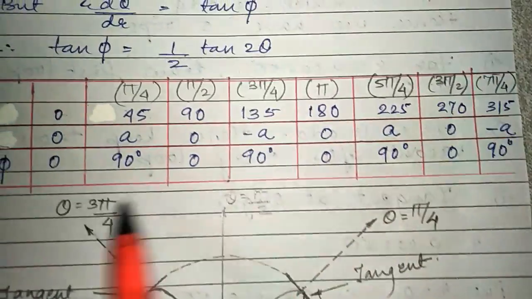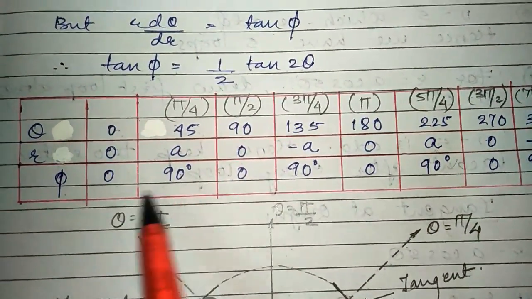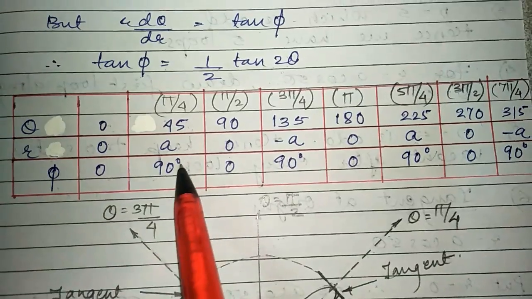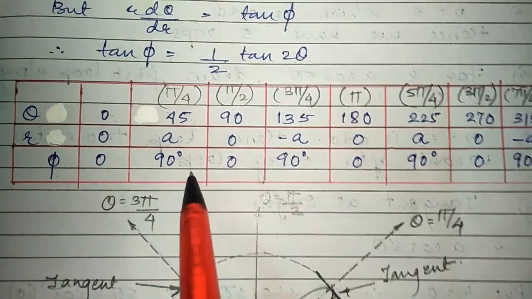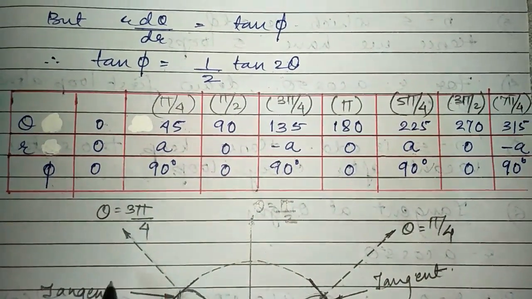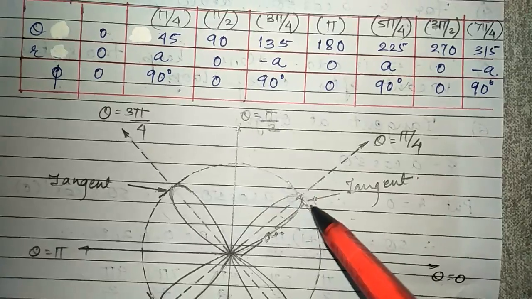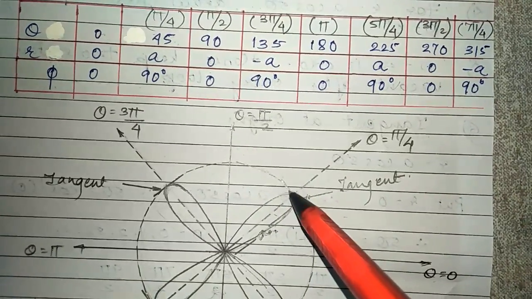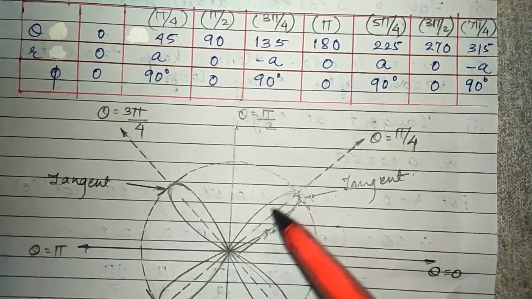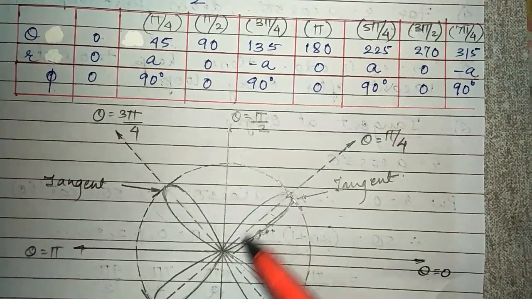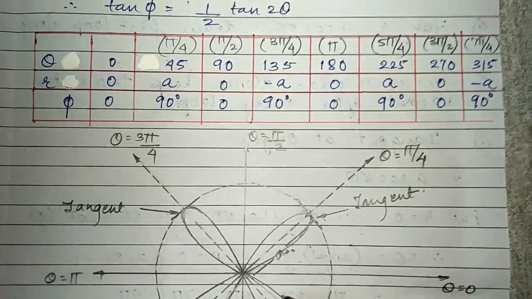And from the table you can see when theta is pi by 4, phi is 90 degrees, that is, the angle between the tangent and the radius vector is 90 degrees. You can see for pi by 4 we have a tangent at this point, and the angle between the tangent and the radius vector is 90 degrees.